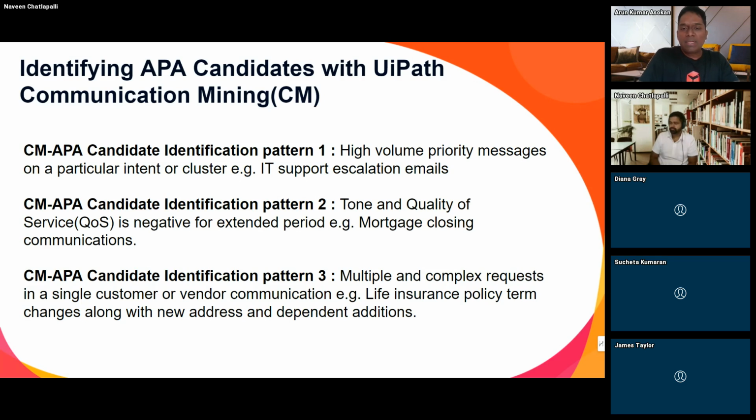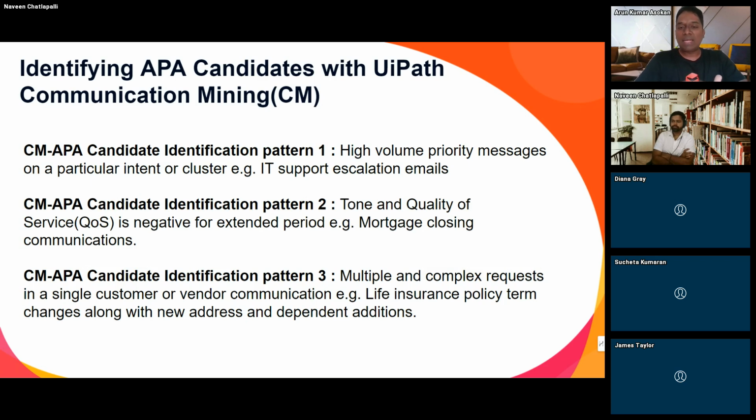The second point is that the tone and the quality of service, these two out-of-the-box features from communication mining. Wherever it is negative, we would need multiple iterations. It's not that one automation will act as a silver bullet. It's going to be an iterative way in which we improve the quality of service provided and improve the tone of the customer.